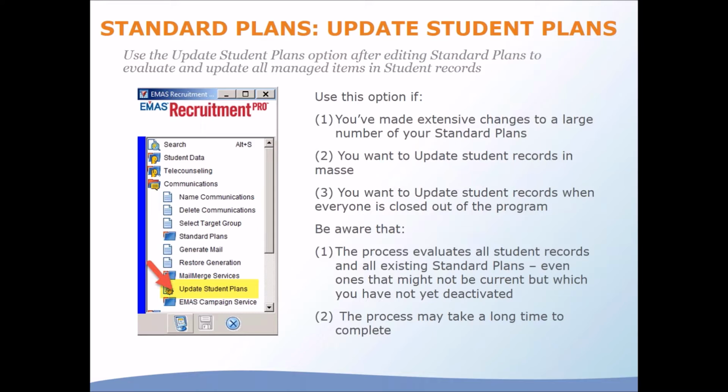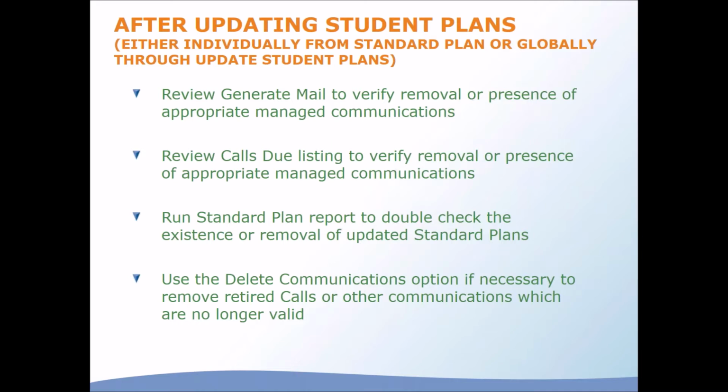And is that clear to both of you now? Okay. So if you need to make extensive plan changes to a large number of standard plans, that's a good way of looking at it. Then you might want to choose to run the update student plans in EMAS, right? Okay.